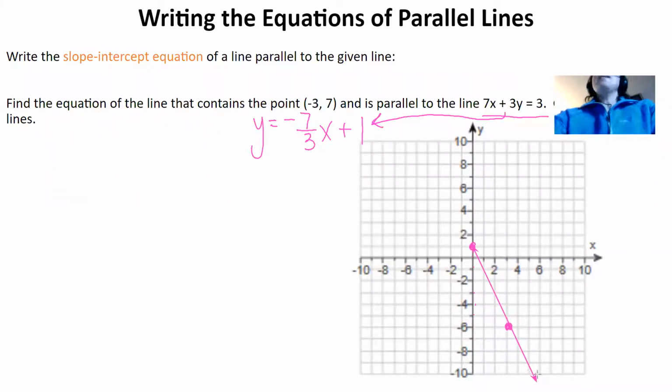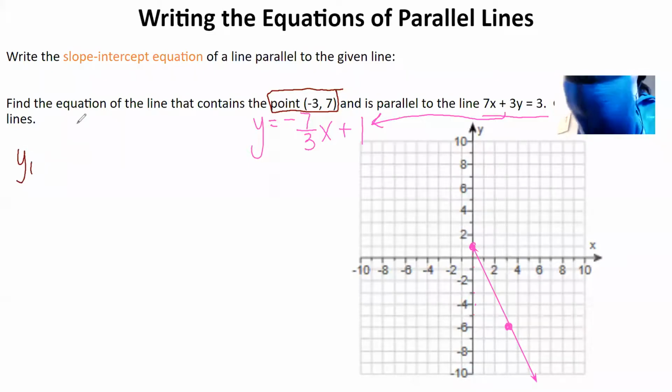So now I want to take this line and come up with a line parallel to it. Okay, and according to this information, we want it to contain the point negative 3, 7. So that means I'm going to use the point-slope formula. Okay, and remember, the point-slope formula is the formula every single time.